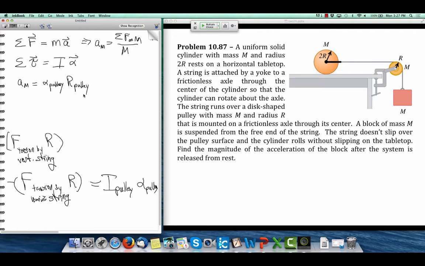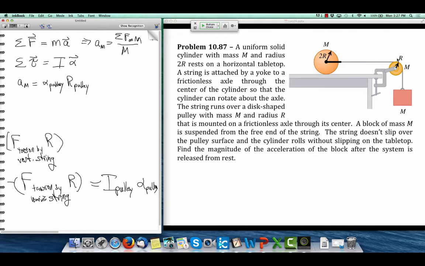Because the string's not slipping, those two accelerations are related to each other. So we have an equation for the motion of the mass, we have an equation for the rotational motion of the pulley, and all that's left is the rotational motion and the translational motion of this cylinder.